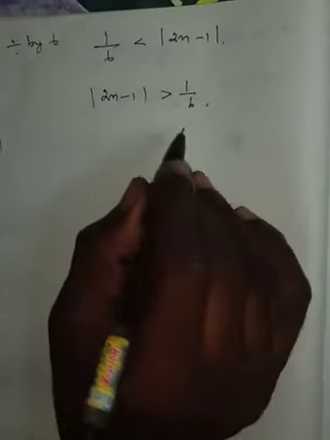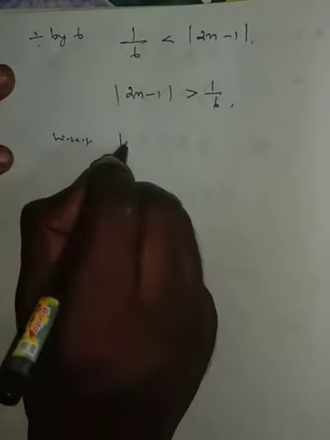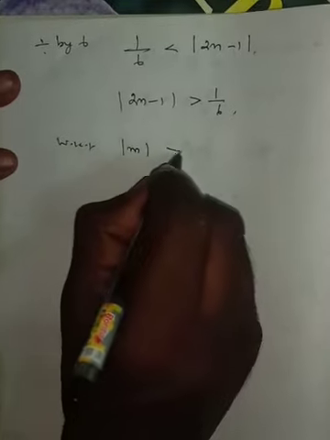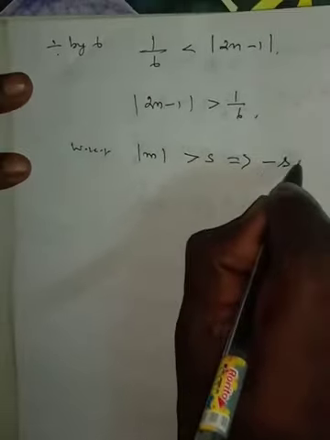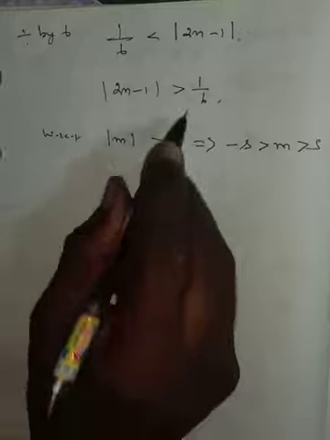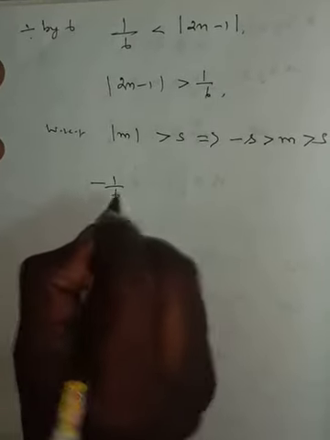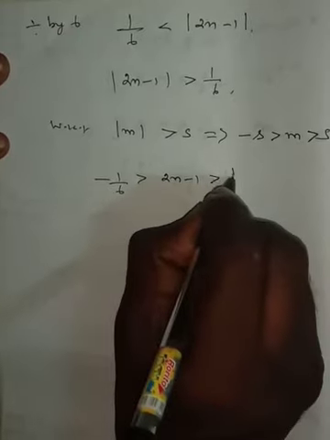Now we know that mod m greater than s implies m less than minus s or m greater than s. Using this, the inequality becomes minus 1 by 6 greater than 2x minus 1 greater than 1 by 6.